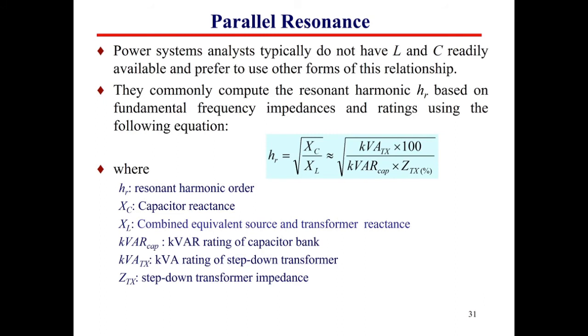Okay. Power system analysis typically does not have R, L, and C readily available, and prefers to use another form of relation. They commonly compute the resonance harmonic based on the fundamental frequency and rating using the following equation.